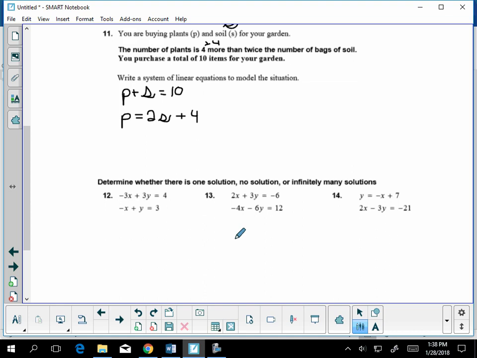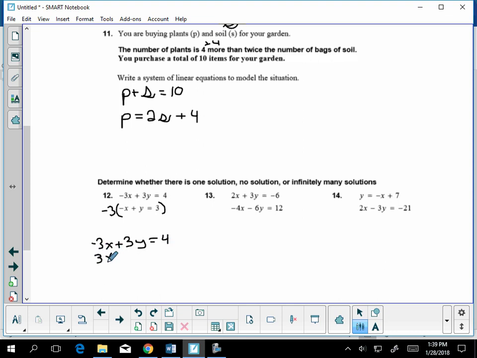All right, determine whether there is one solution, no solution, or infinitely many. Well, on this bottom one, -3x, -x. I want to create opposites. The opposite of -3 is +3. That means I need to multiply that by -3. I'm going to rewrite that top equation, -3x plus 3y equals 4.